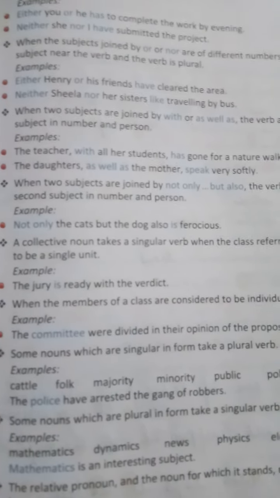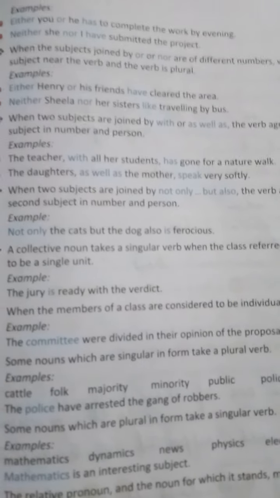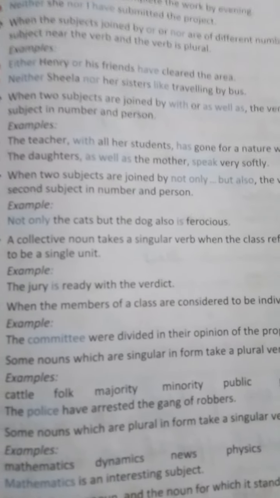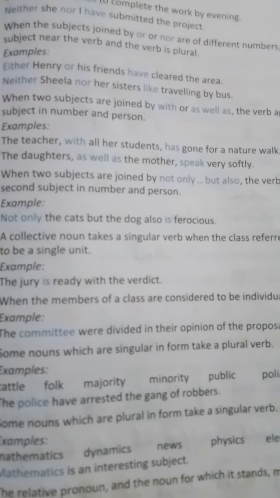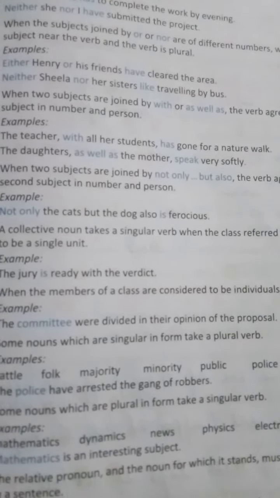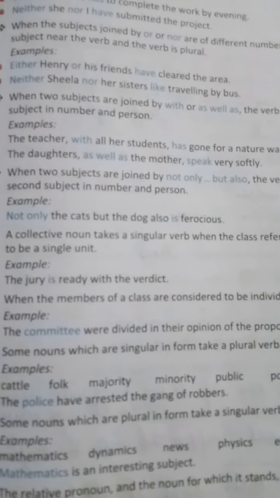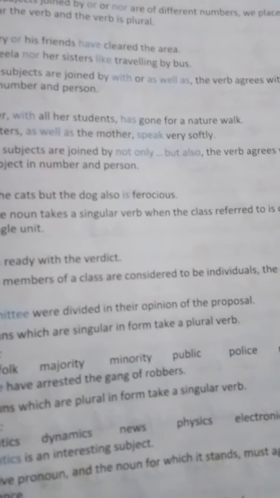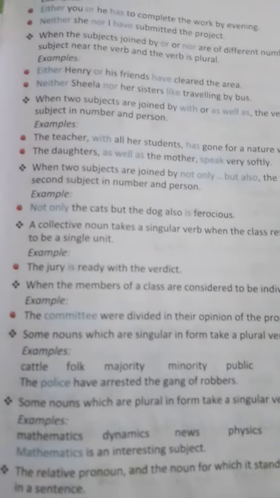As per the rule, we have to follow the verb according to the noun which is mentioned in the beginning. In the beginning it is mentioned the teacher, which is a singular noun, and with is also there. So as per the sentence, the teacher with all her students has gone for a nature walk. We have written has because the teacher is singular.